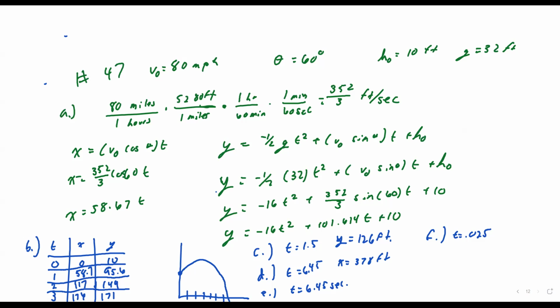So again, in that F, I misread that one. So if I'm 70 feet away, I would say X is 70 at what time? 58.67 T. So then when I divide that, let's quickly do that so we can quickly get our answers. So 70 divided by 58.67 is 1.19.